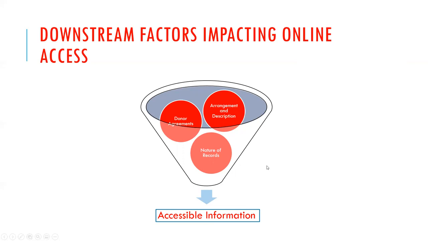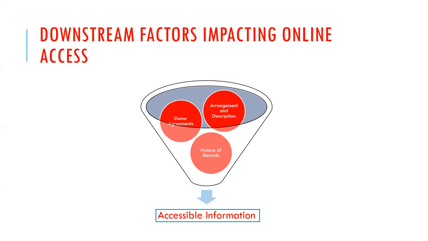And by knowing what formats records are in, archivists are in a good position to decide if they want to bring those records into the archive or not. And this is something that we talked about when we looked at appraisal.